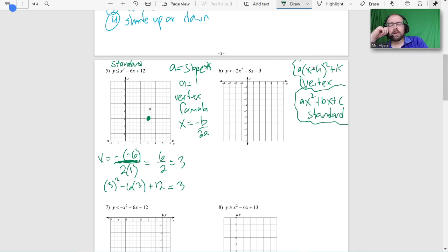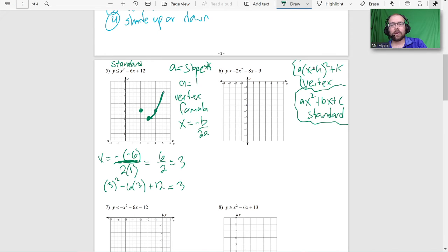Slope is 1. So I'm going to go rise 1, run 1. I'm going to go both ways, rise 1, run 1 in both directions because it's a parabola. Again, slope with an asterisk on it. But it rises 1 and goes left and right by 1. That's how I find the other points.